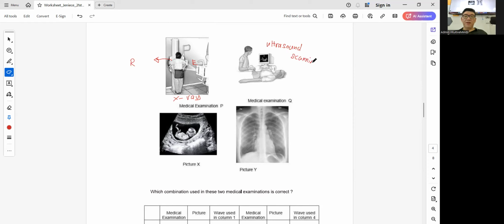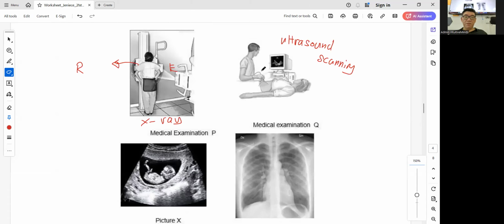Ultrasound requires a reflection of the sound wave. So the emitter or the transmitter is here. It will send the ultrasound signal into the body, and it will bounce back to the receiver. So the emitter and receiver are at the same position, whereas for X-ray the receiver is here. The receiver is a fluorescence film.